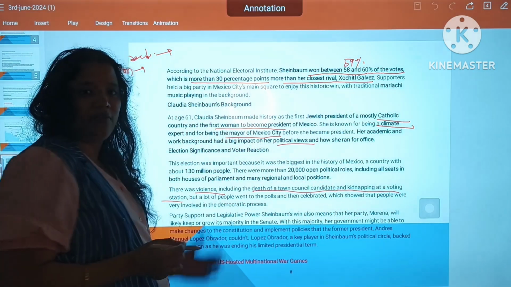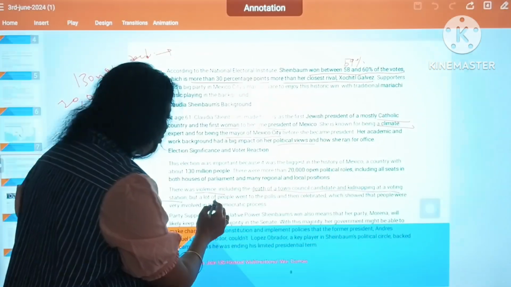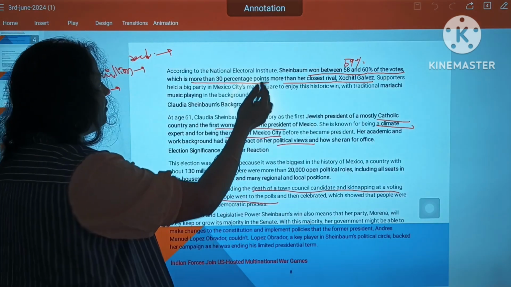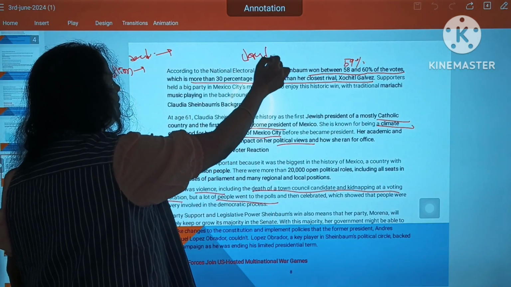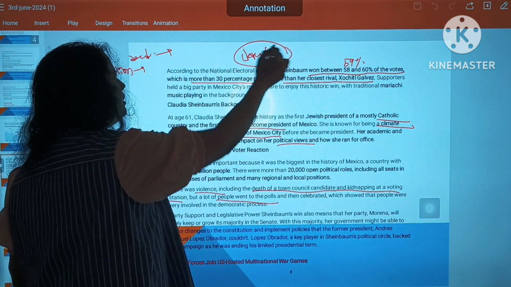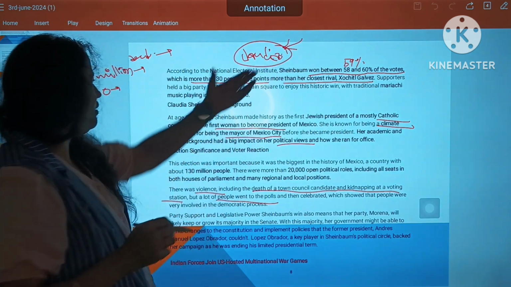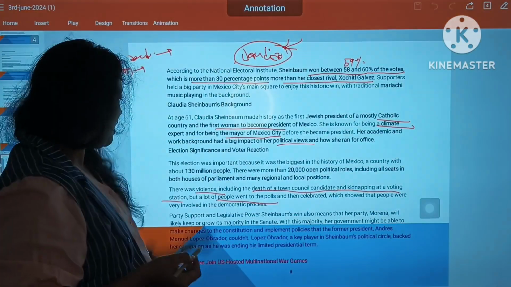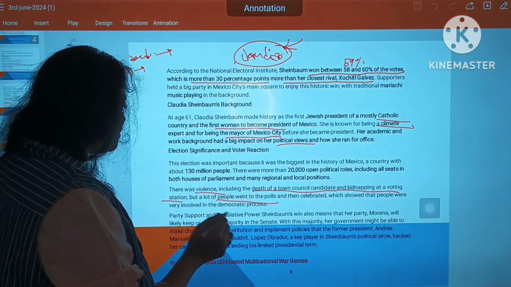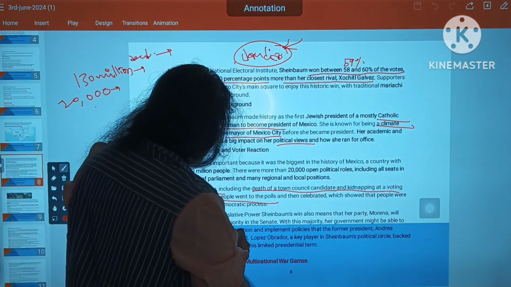But despite the violence, many people went to the polls and elected Claudia as their president. So this shows how much influence they have, how much belief they have in their president, and the hope that she can change the laws, policies and constitution.